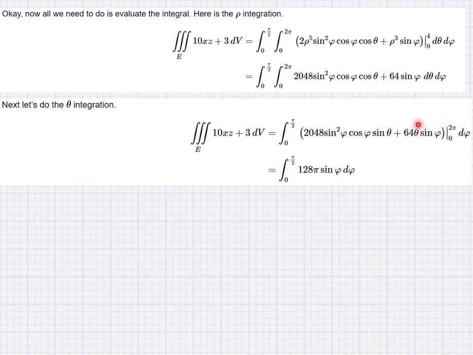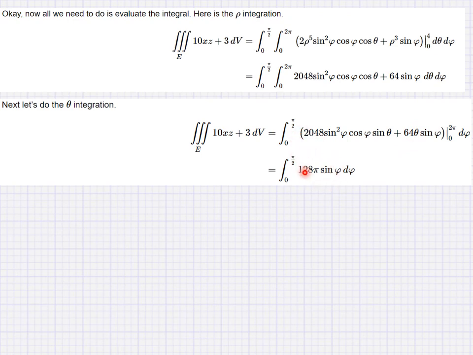Sine of 2 pi is 0, so that'll be gone. And then here, 2 pi makes this 128 pi sine phi. Then I'll plug 0 in here and here. Sine of 0 is 0, so that's all gone. And then plug 0 in here, that's 0 times this whole thing, so that's gone. So this is the only real thing that we end up with after that step.